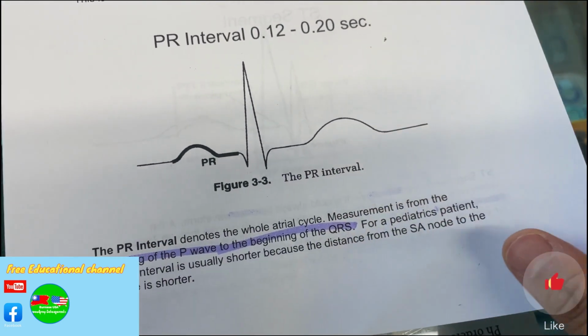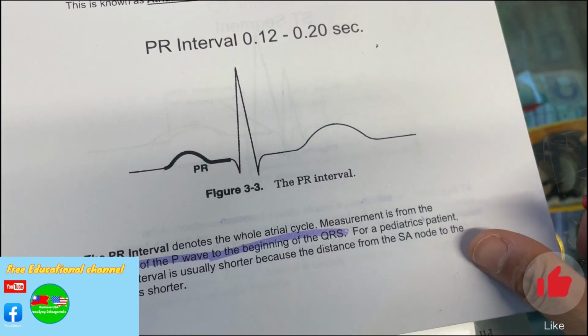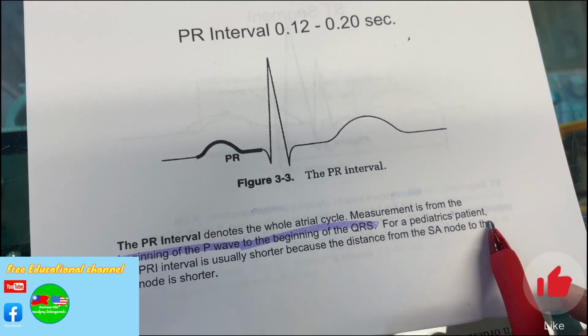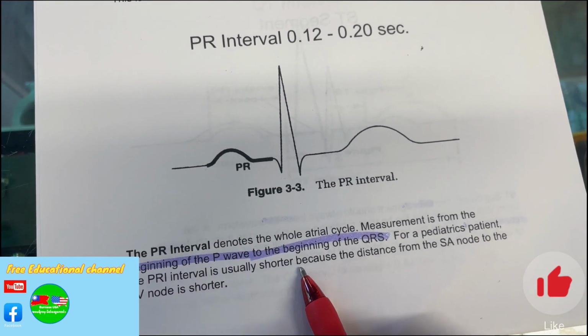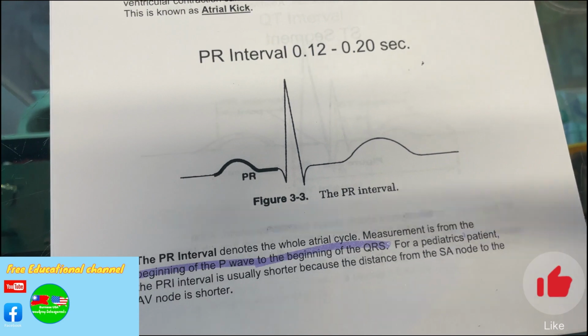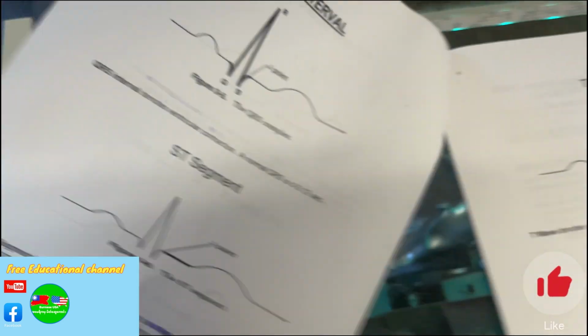Okay, that's called PR interval. It should be called PQ interval. I don't know why they call it PR interval. It makes me more confused. For pediatric patients, the PR interval is going to be shorter because they have smaller hearts, so the SA node to the AV node is shorter.